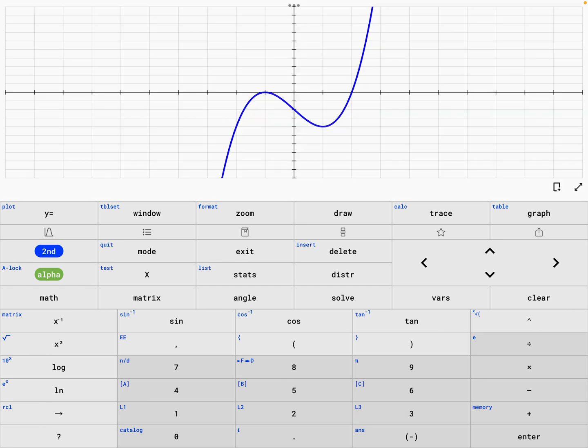Okay, so remember that this right here is f prime. It's not the actual graph of f. And so what I can see here is that the graph of f prime is negative from negative infinity until negative 1. And then it's negative still from negative 1 to positive 2.